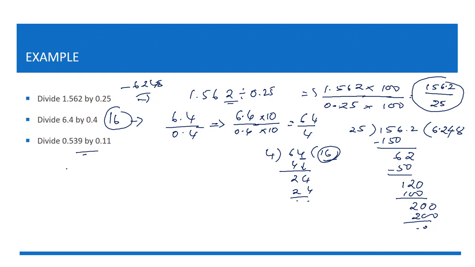Now let us go with this: 0.539 divided by 0.11.